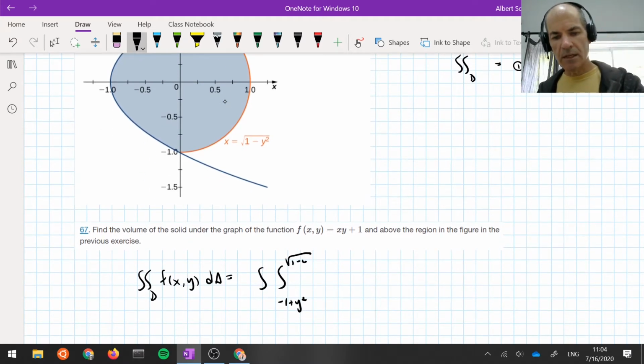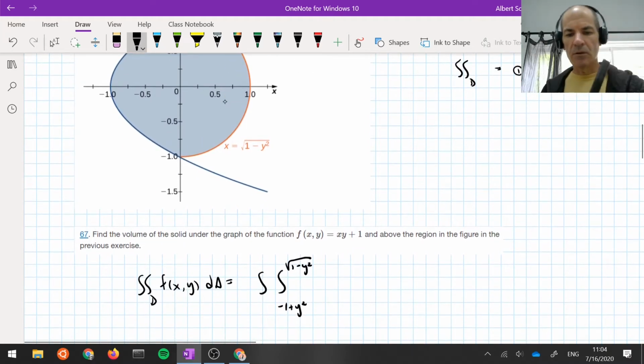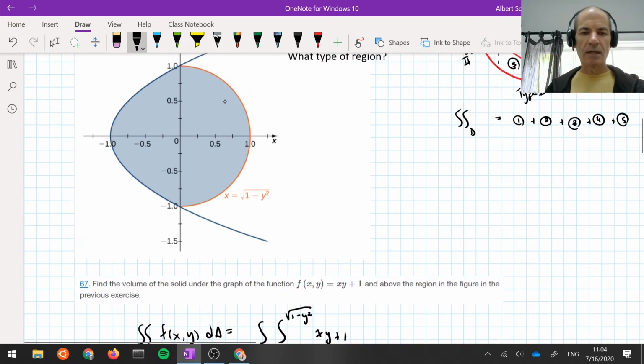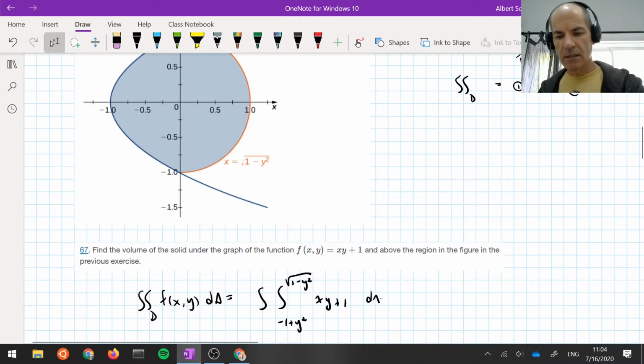And we're integrating xy plus 1, and remember, when we're integrating a type 2 region, we're doing dx first, so the inner integral is with respect to x.